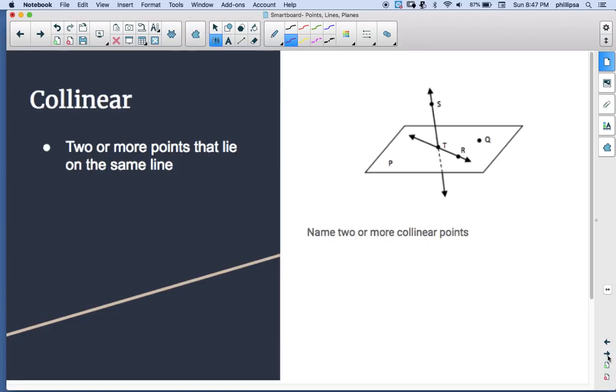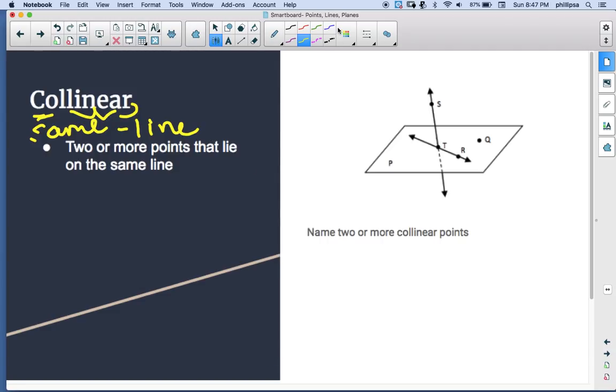Okay, so collinear. It's kind of in the name if you take it apart. Co means same, and linear being line. So collinear is same line. It's 2 or more points that lie on the same line.